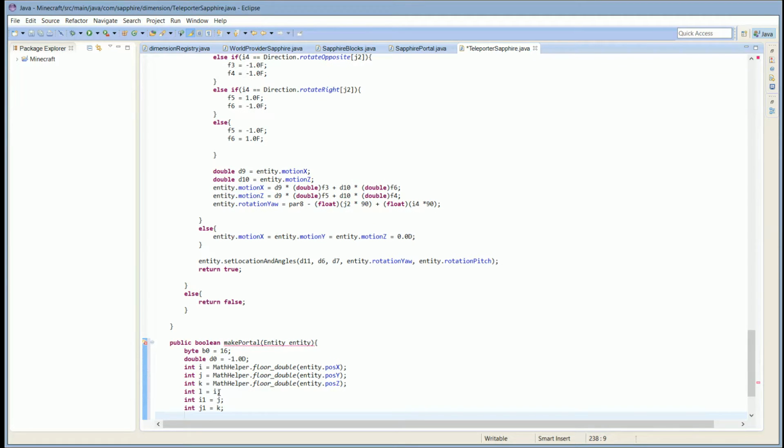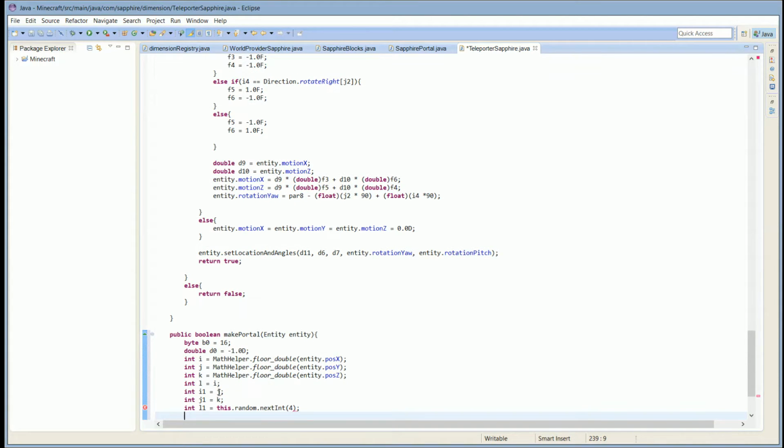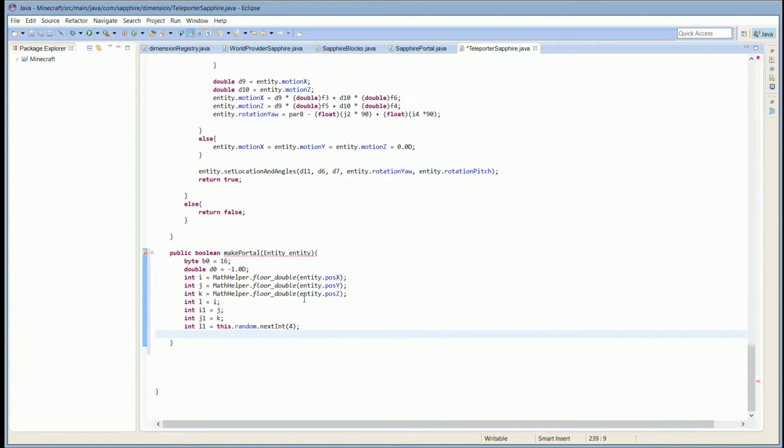Next is integer l1, and it's going to equal this.random.nextInt(4). We are going to have integer i2, which isn't specified right now. Another double d1, not specified. Integer k2, also not specified.